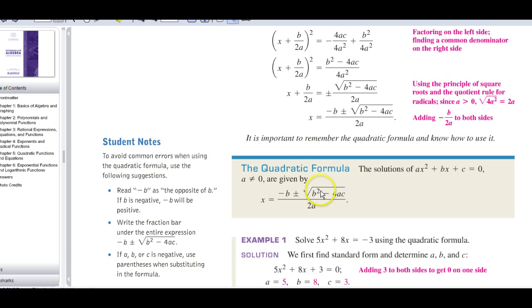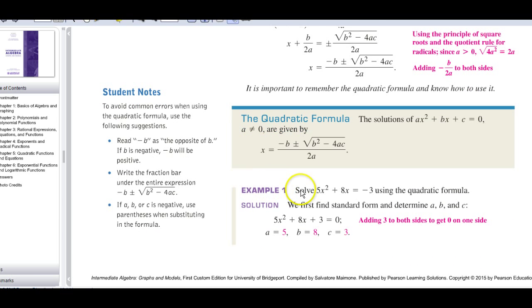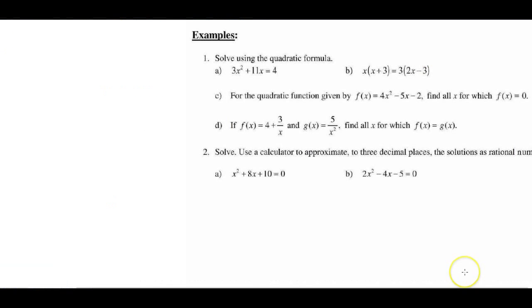Now if you looked at the video I prepared using the textbook, I go through all these examples that are there. But we're going to use our mini lecture. So we'll ask you to take some notes as we work these out. So our first example right here: is this in standard form?